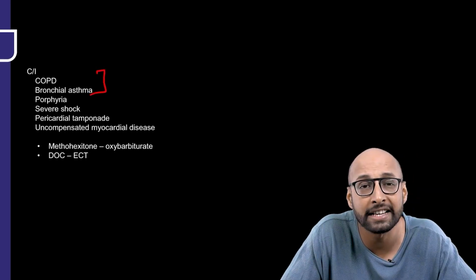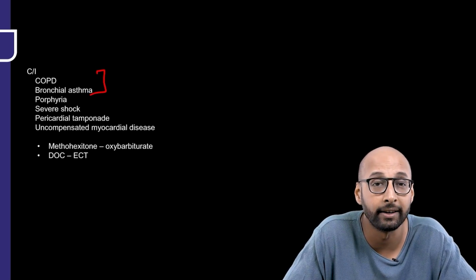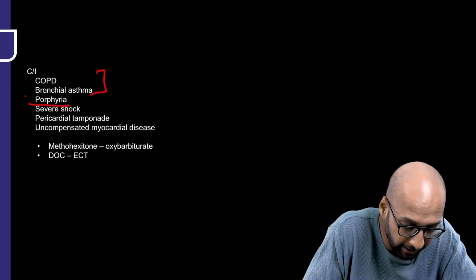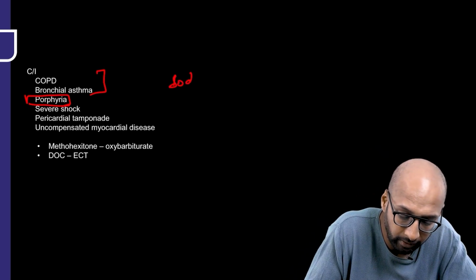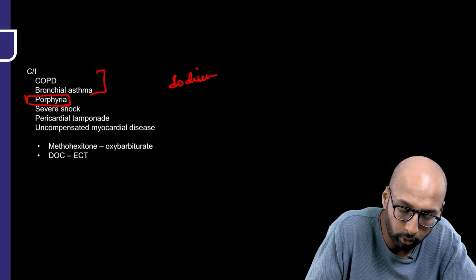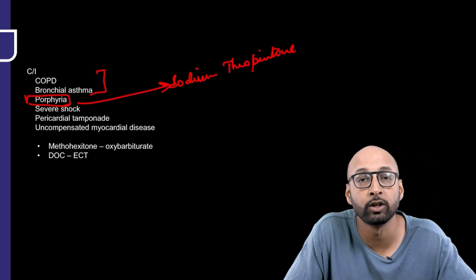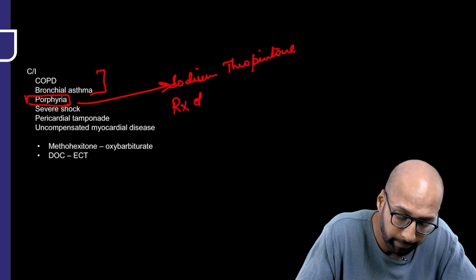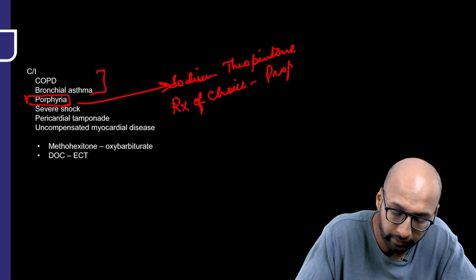So, in bronchial asthma and COPD, sodium thiopentone is contraindicated. Now guys, just have a look at the next point, which is about porphyrias. Sodium thiopentone is contraindicated in patients who are having porphyrias, whereas the treatment of choice was propofol.